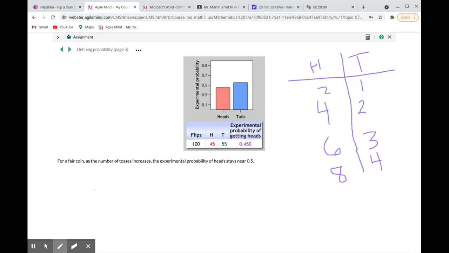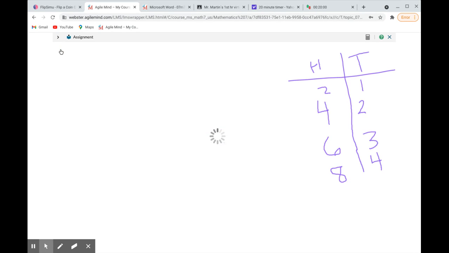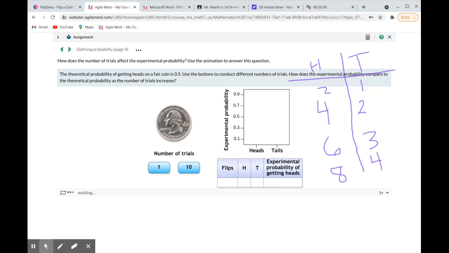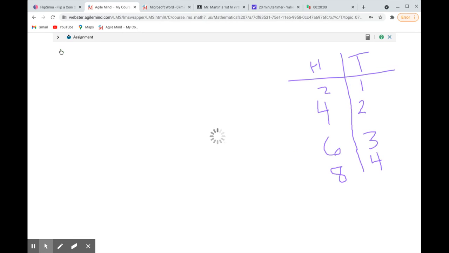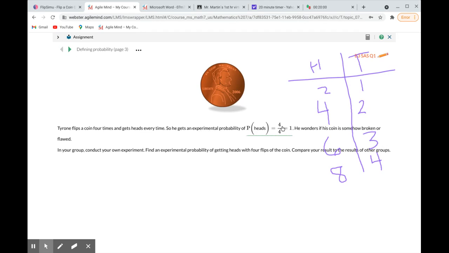Multiply. Think back to it. How do we find experimental probability? Nobody remembers? What did they do? Divide. The outcomes by the total number of flips, right?